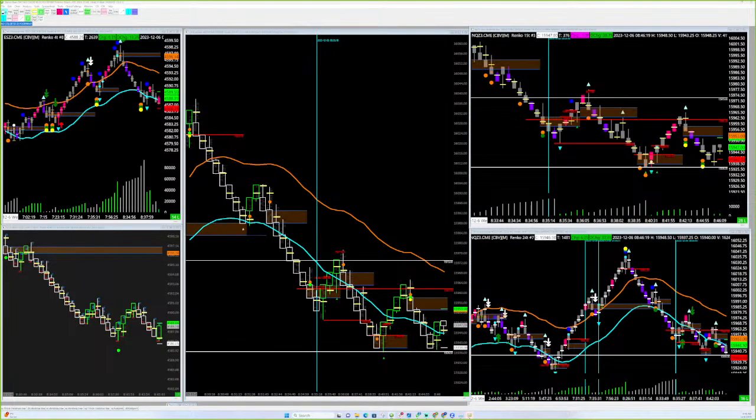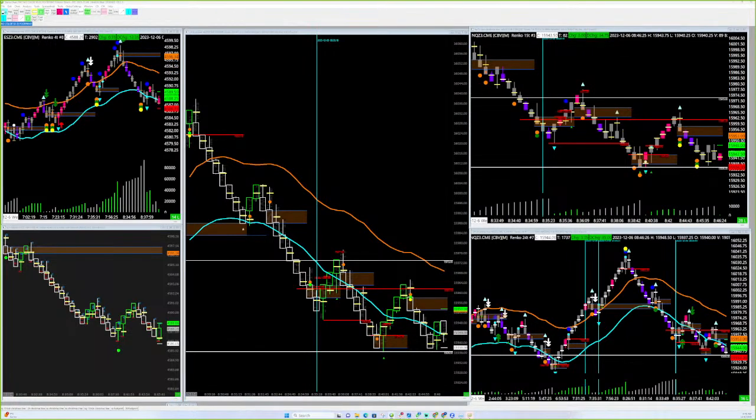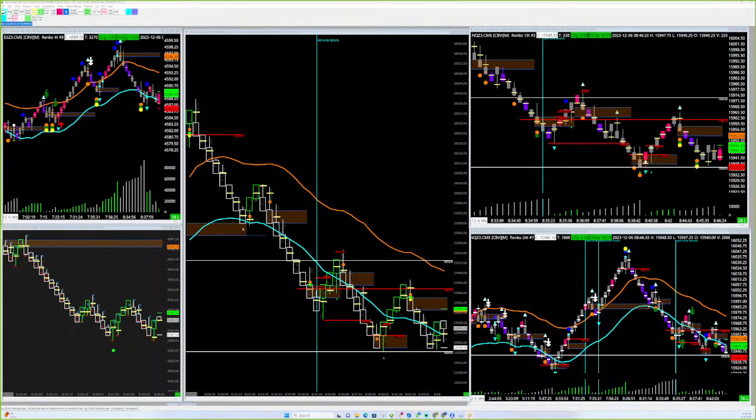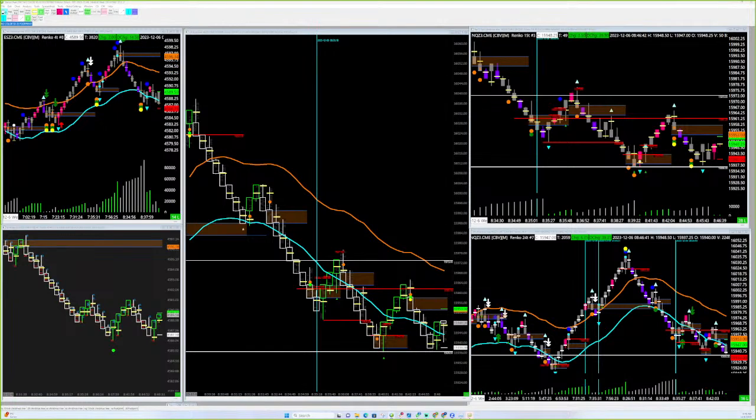No pink bar. And it needs a pink bar. Pink bar. That 3650 should hold now. Should.